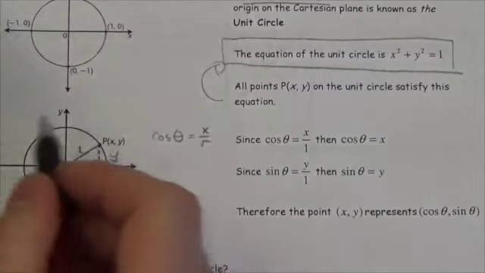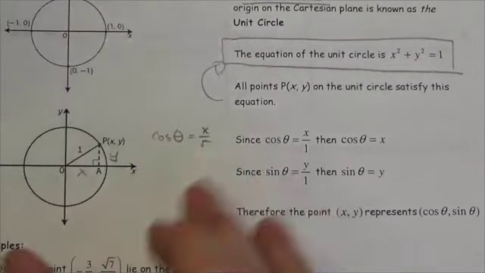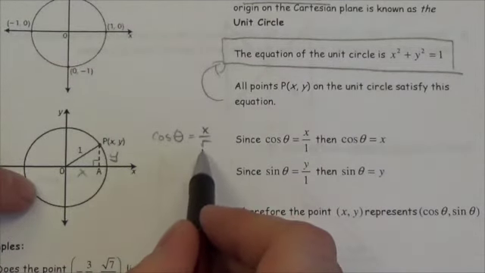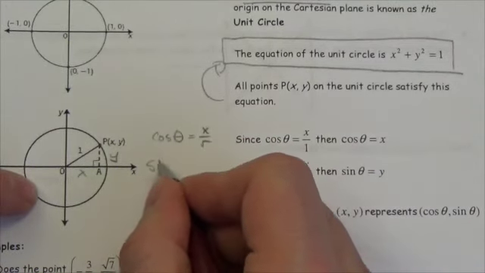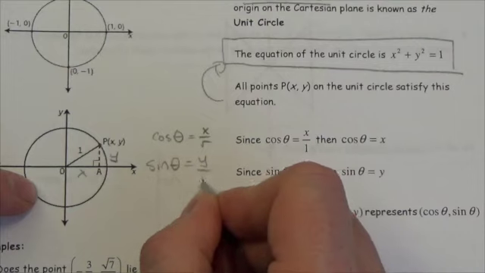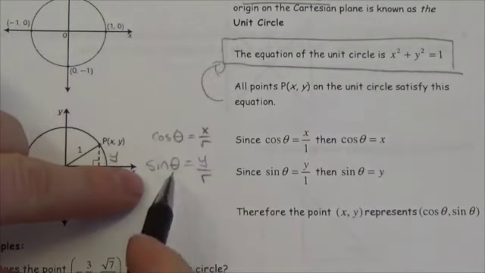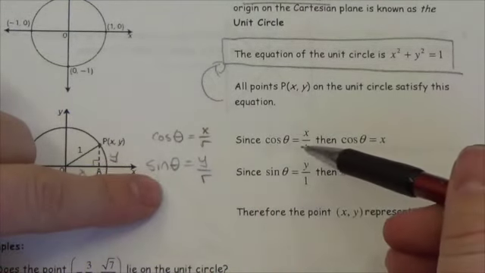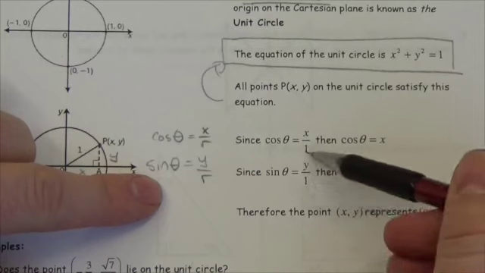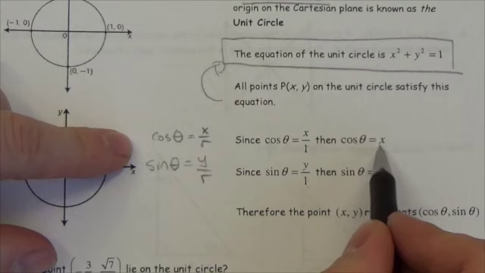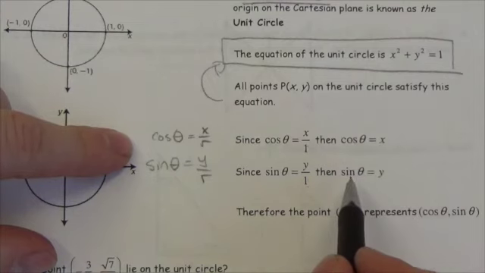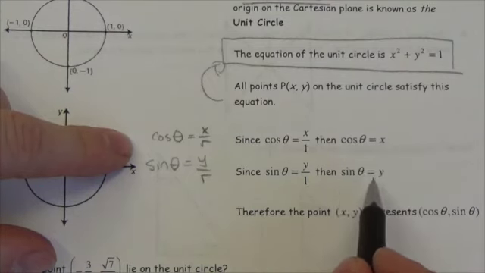So for any circle, any radius, you take the x-coordinate divided by the radius, and that's the cosine of the angle that goes through that point. Sine of theta was y over r. Same thing. Now, on the unit circle, when that radius is equal to 1, that makes the cosine of theta equal to the x-coordinate, and that makes the sine of theta equal to the y-coordinate.